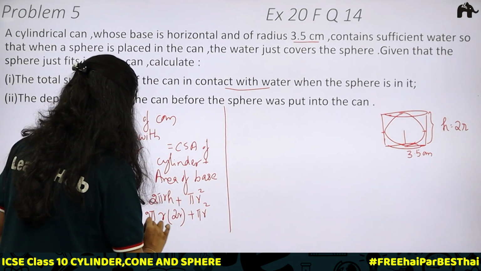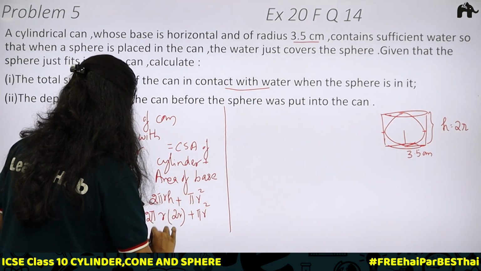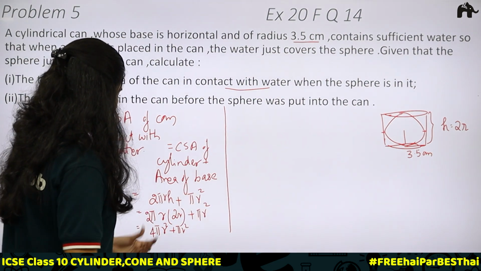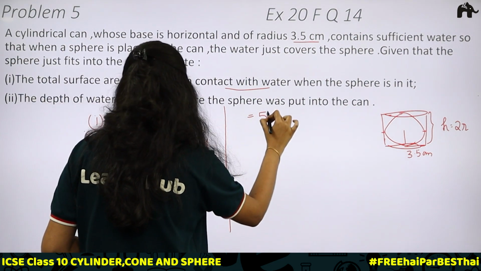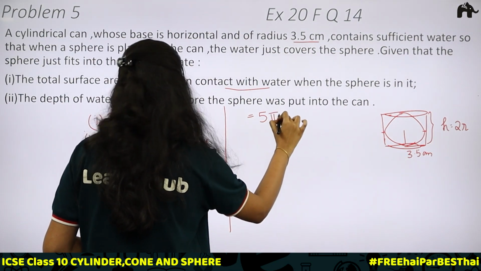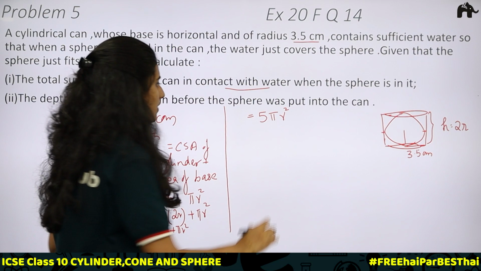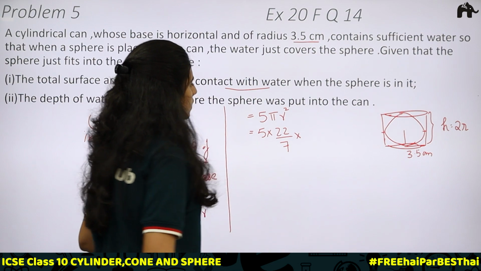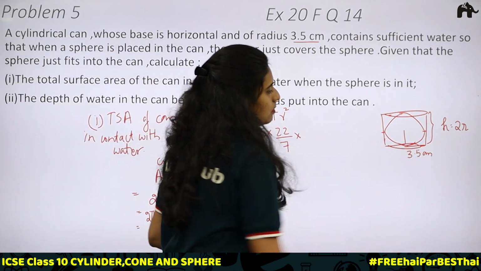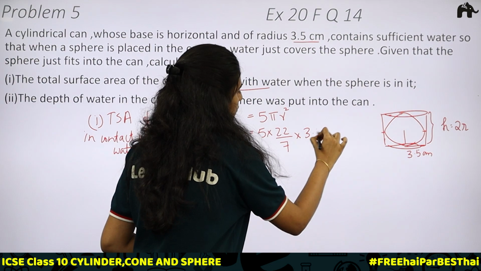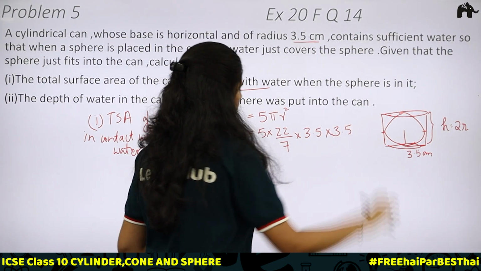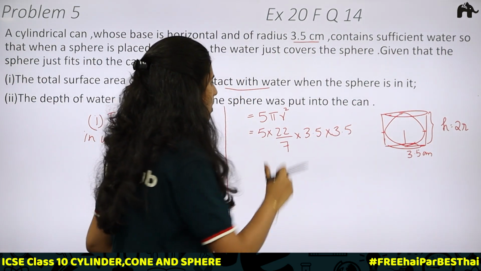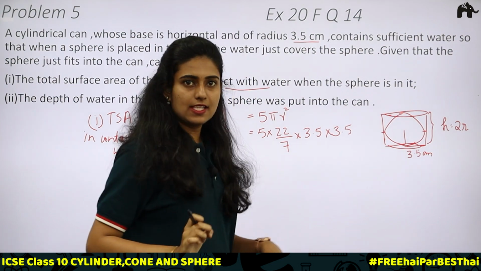So, we will be taking 4 pi r square plus pi r square, which will be equal to 5 pi r square. Now put the value: 5 into 22 divided by 7 into r square. Here the radius is 3.5 centimeter, so 3.5 into 3.5. In order to remove the decimal, 3.5 into 2 is 7, right?